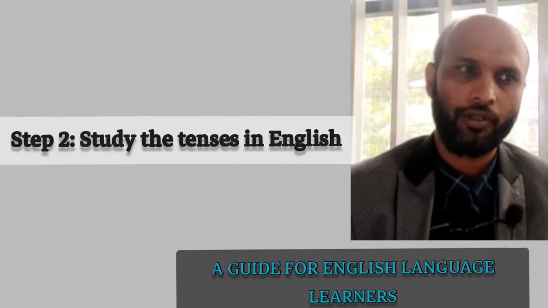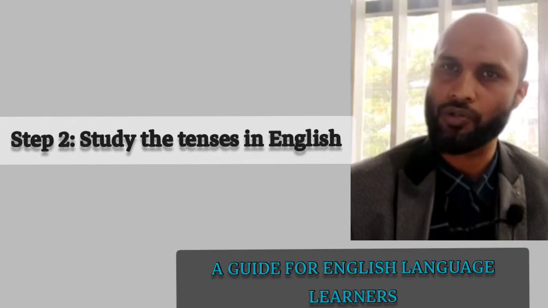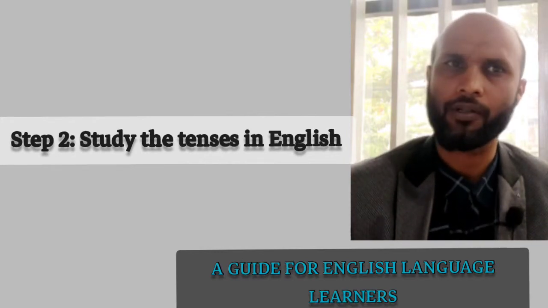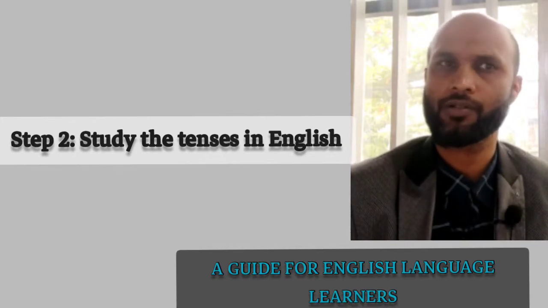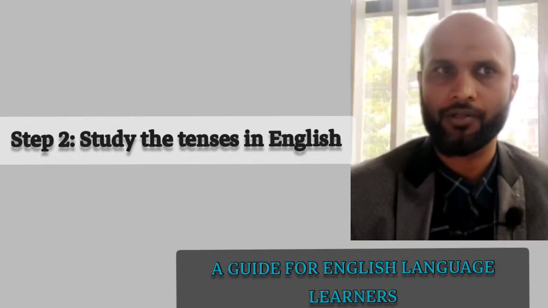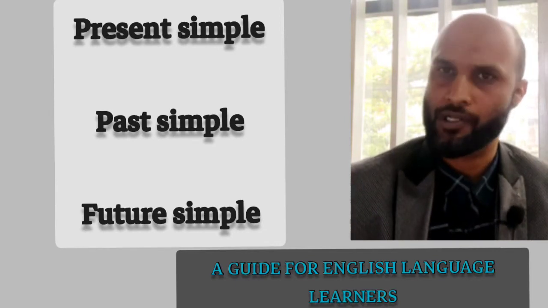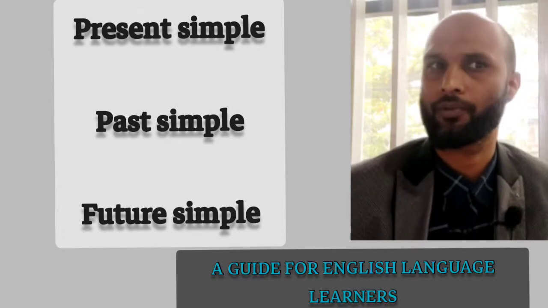Step 2: study the tenses in English. These are crucial, very important for every speaker of English, whether they are beginners or native speakers. You should start by learning the simple tenses: present simple, past simple, and future simple.